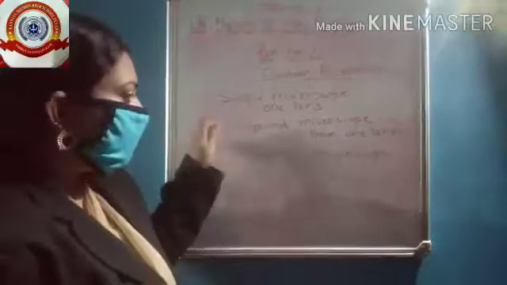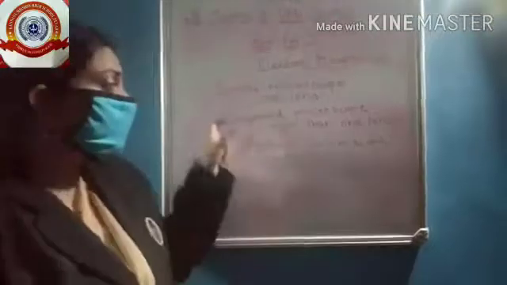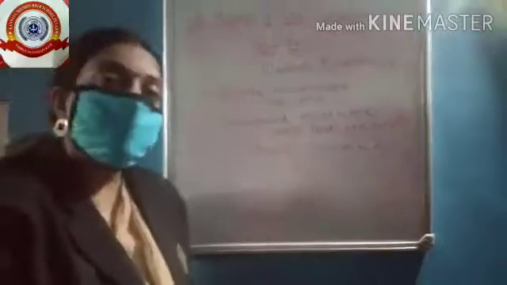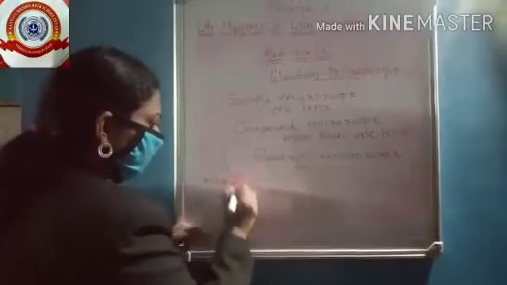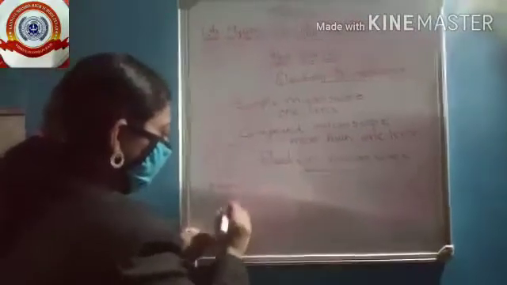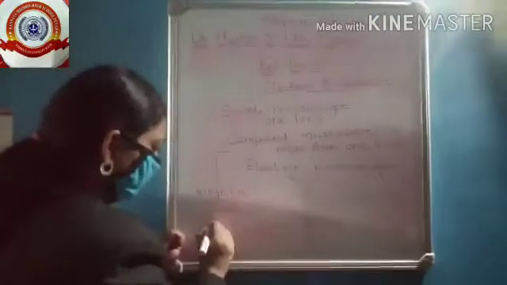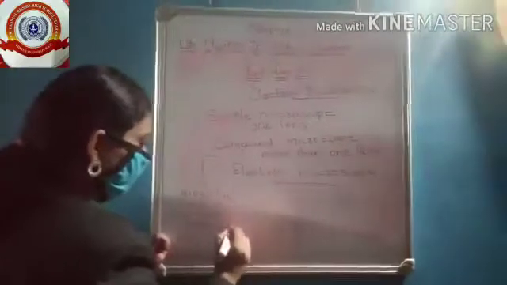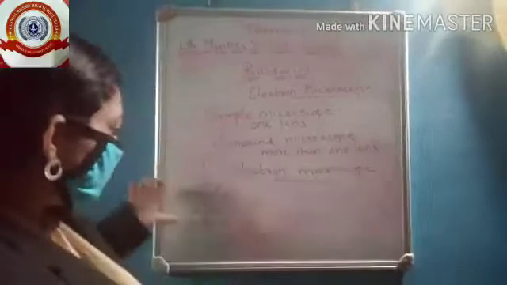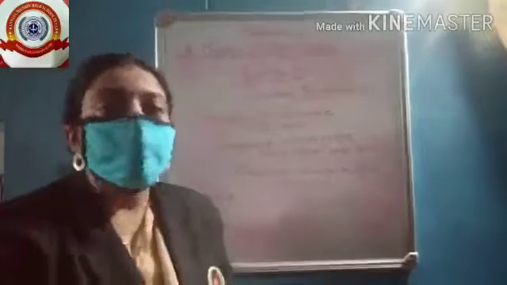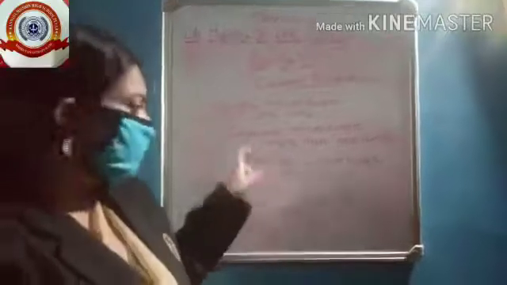Do you know how many times a compound microscope magnifies an image? The compound microscope magnifies the image 2000 times only. Next is electron microscope.